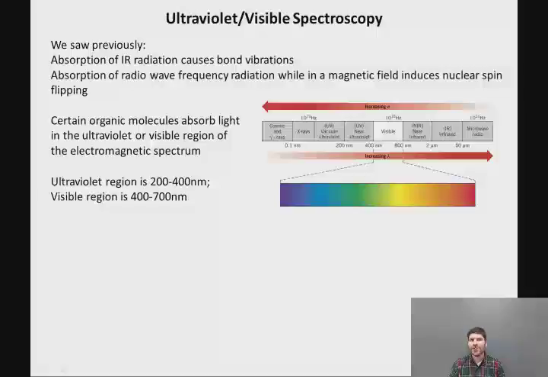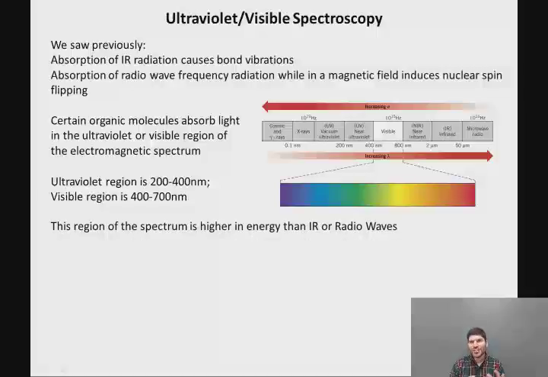Just to refresh your memory, we've been talking in the radio and IR regions, which are low energy. The ultraviolet region corresponds to the region from 200 to 400 nanometers, and the visible region is 400 to 700 or 800 nanometers.